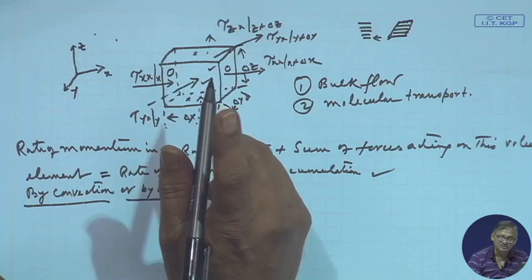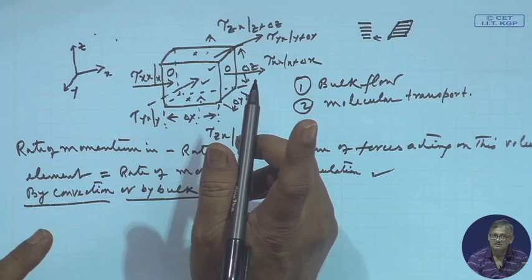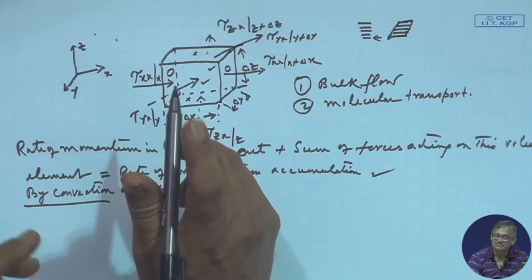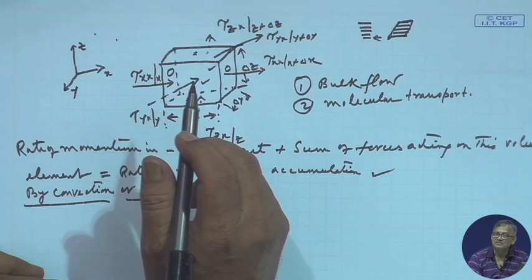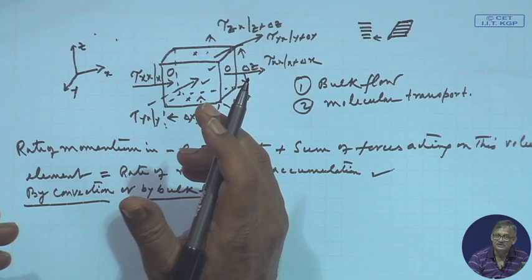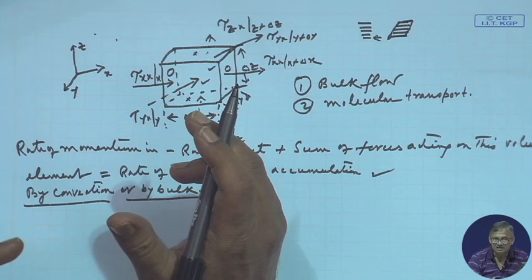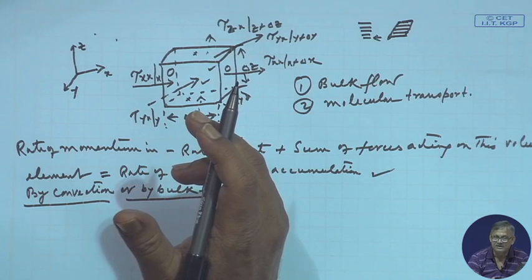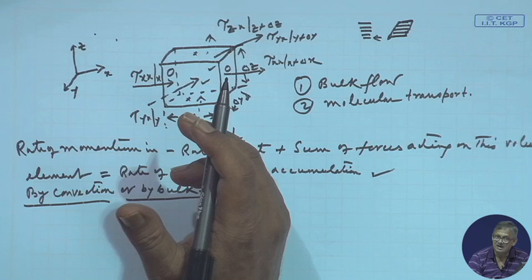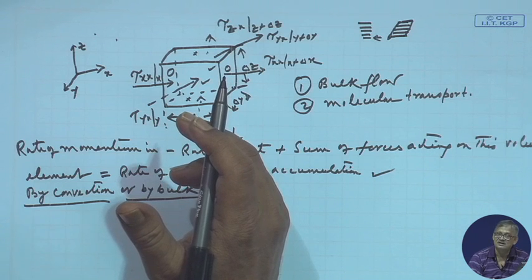So, x component. First let us look into the x component of the momentum, that means momentum derived from the velocity v, which is acting in the x direction as Vx.